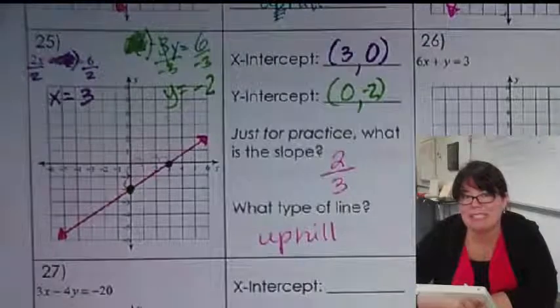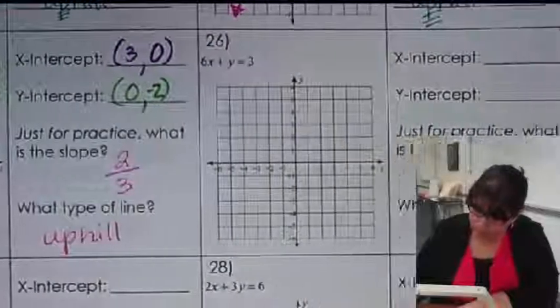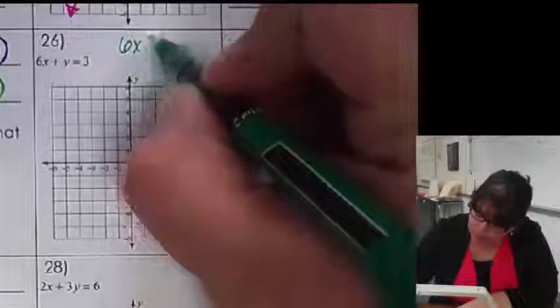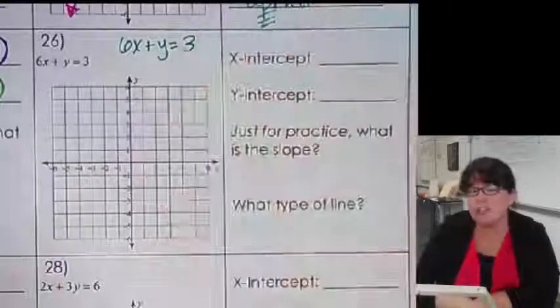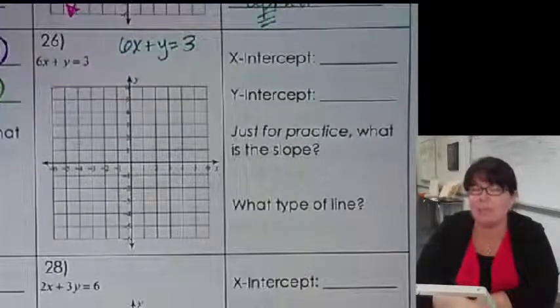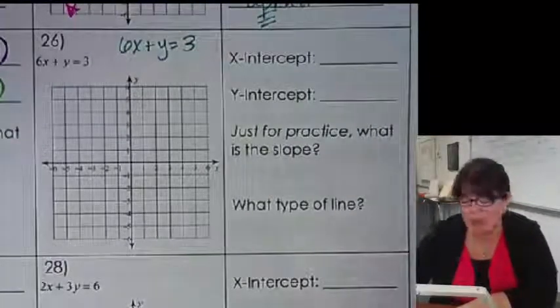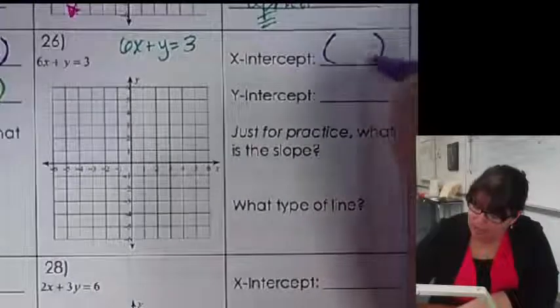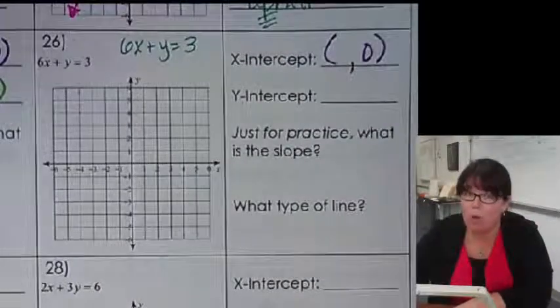Let's take a look at number 26. I'm going to write it again. See if you can do this one right along with me. You've seen it done a couple times now. Try to keep up with the video. For the x-intercept, I'm going to plug in 0 for y. So I'm going to put 0 in the y spot.